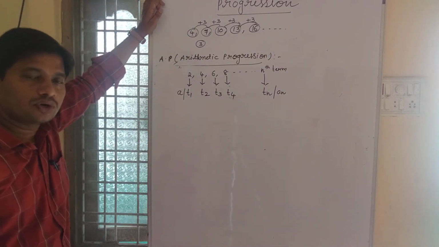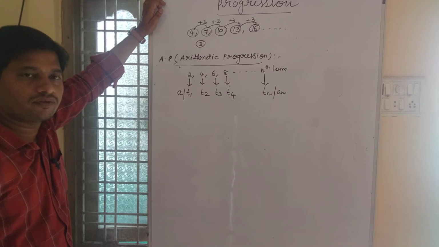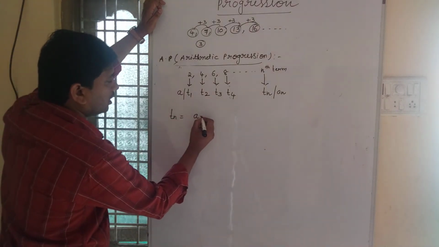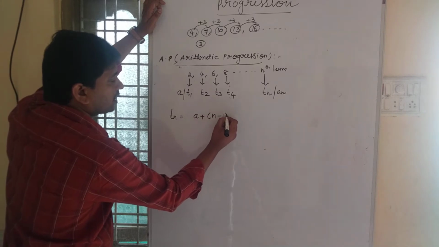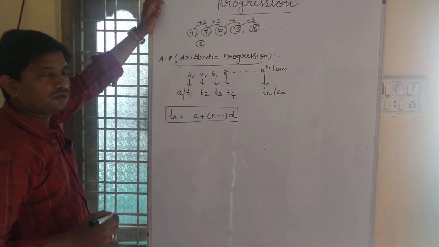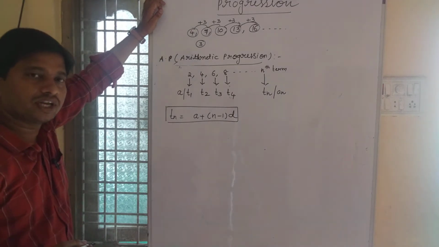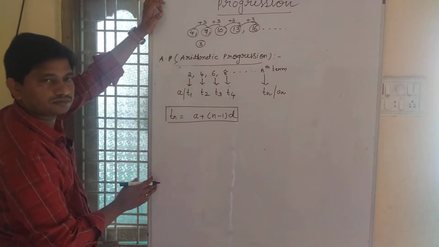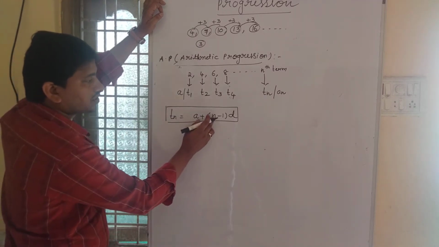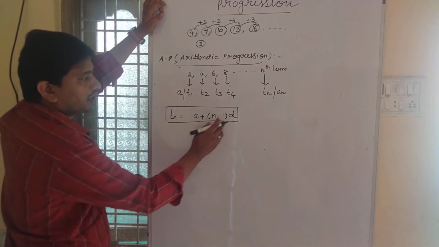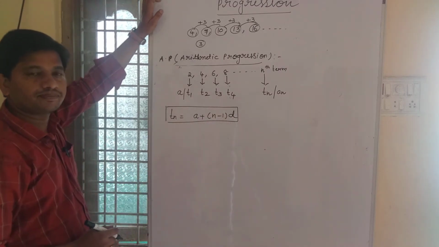The formula to find the nth term of an AP, that is Tn, is equal to A plus n minus 1 into D. This is the formula to find the nth term of an AP. Here A is called our first term, n is the number of terms, and D is called common difference.